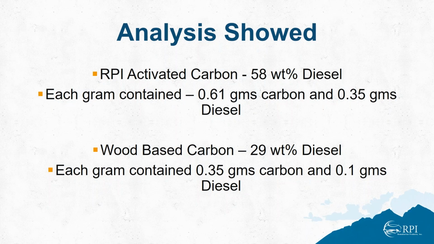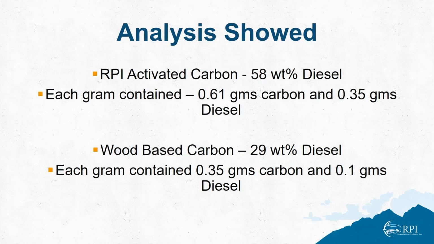And what we found was that the coal-based carbons that RPI uses in its BOS200 are able to absorb 58 weight% of diesel fuel, which is 2 to 3 times what the industry thought the absorption capacity might be. So each gram of that carbon contains roughly 0.6 grams of carbon and 0.35 grams of diesel fuel.